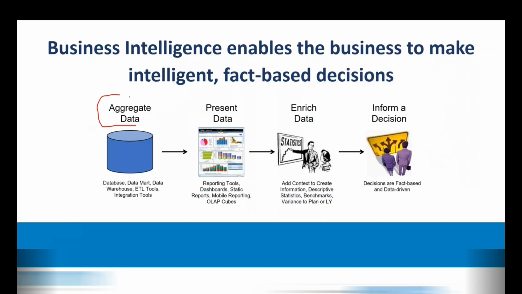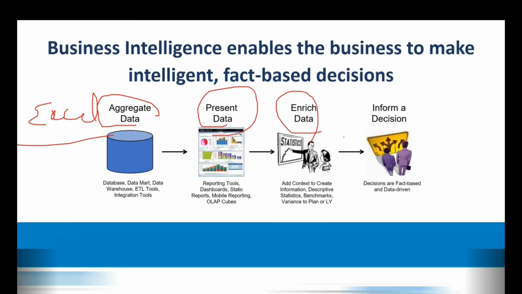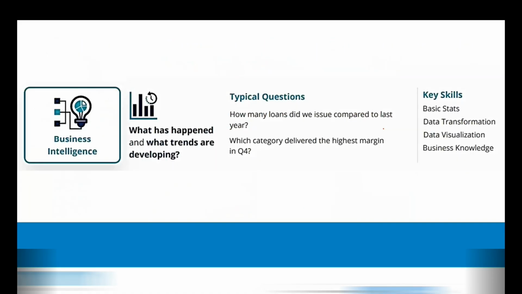As you said, you will get the data as an Excel sheet. Excel only, so you don't need to worry about anything else. You will present the data, enrich the data, and find the solution. Based on the data, you will find that on this day people are not coming to my shop, so how can I take a decision for that? This is how business intelligence works: what has happened and what trends are developing.